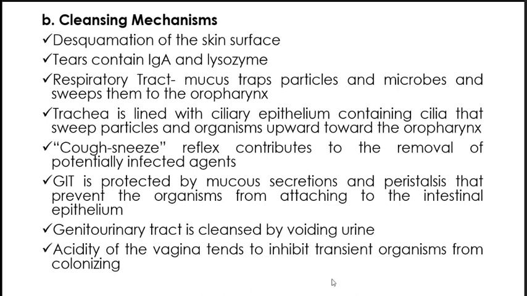So meron silang antimicrobial property. Okay? So in the respiratory tract, sabi nga natin kanina, the mucus traps particles and microbes and sweeps them to the oropharynx. Now, it gets to the oropharynx so that it doesn't get through the bronchioles.